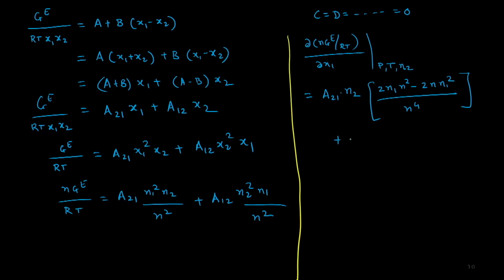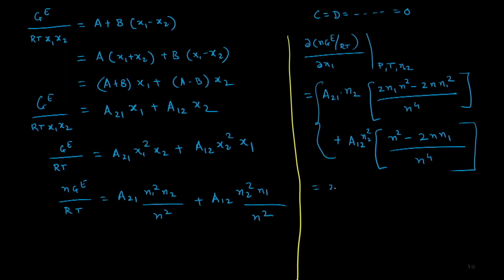And for the second term, it will be A12, n2 squared is constant, n squared minus 2n n1 over n to the power 4, right?